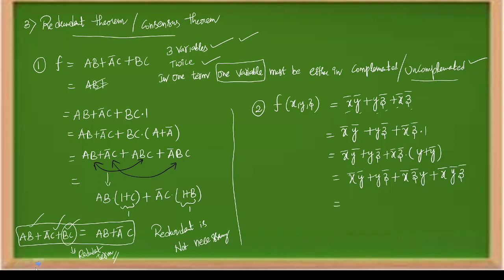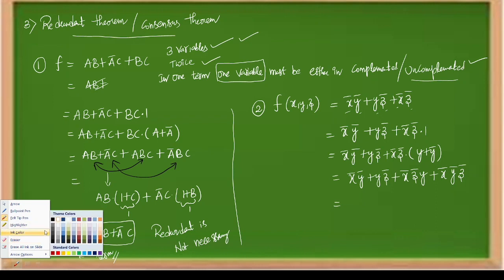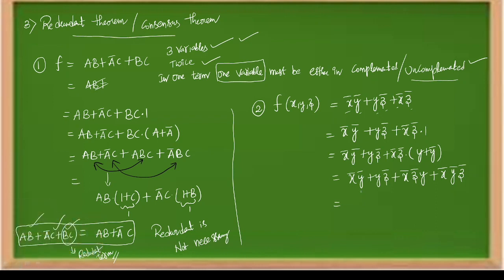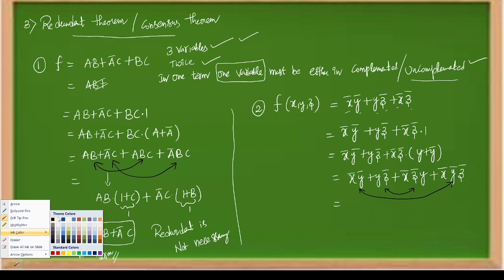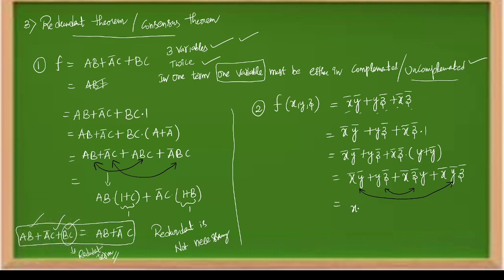Now if you see the first and fourth terms, you have x complement y complement as common. And in the second and third terms, you have y z complement as common. From the first and fourth terms, by taking x complement y complement common, I obtain 1 plus z complement.